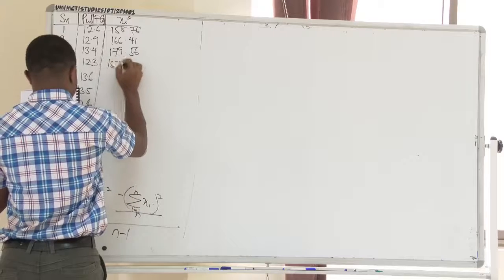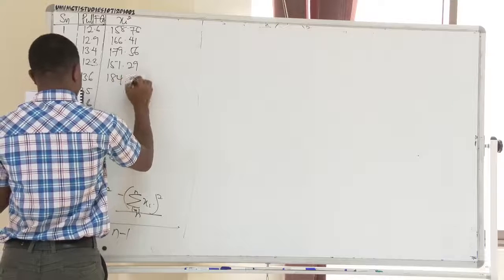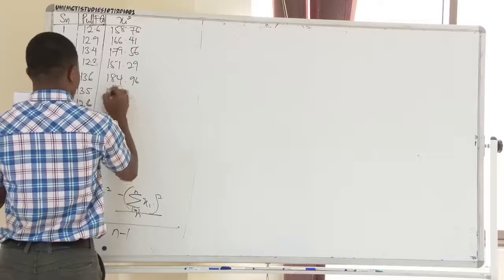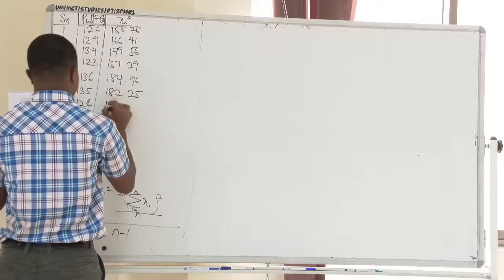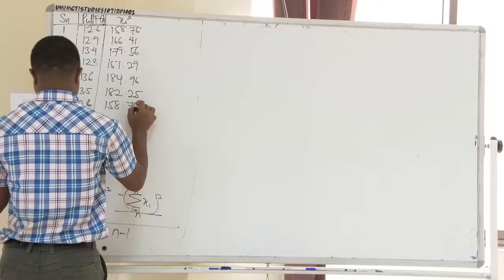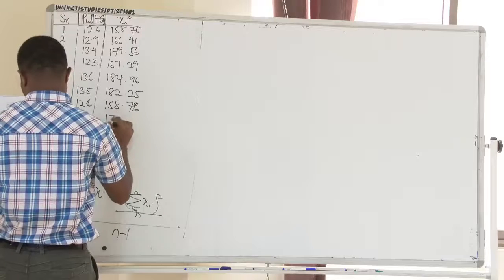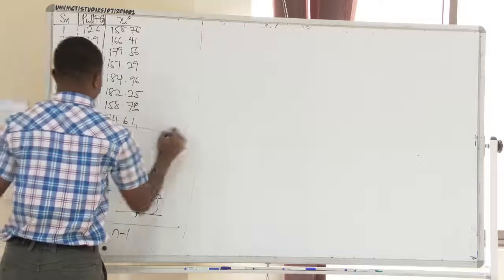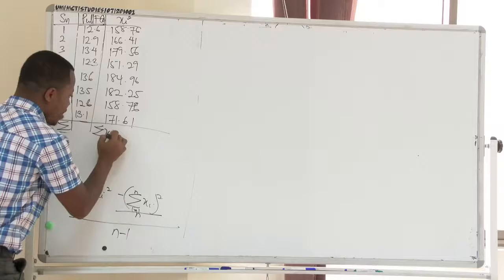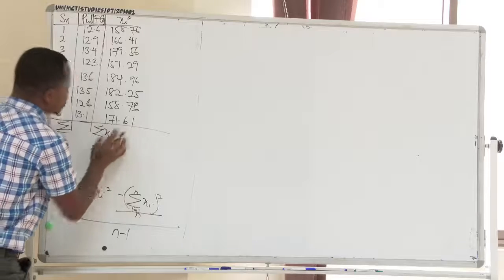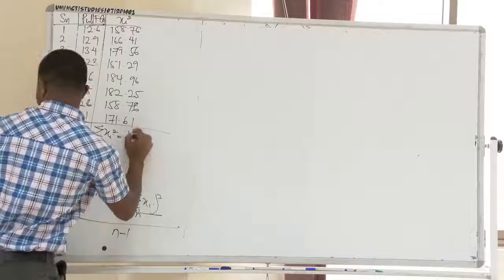This one we have 151.29, we have 184.96, and we have 182.25, we have 158.76, then finally we have 171.61. So to find the summation of xi squared, this will be equal to summing the whole of this.